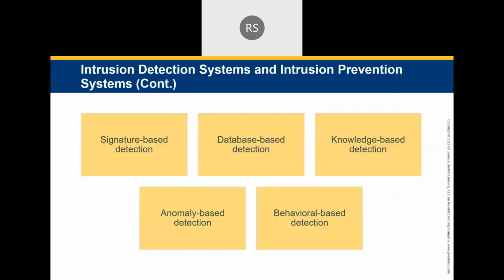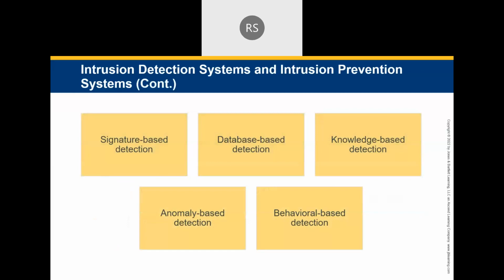Knowledge-based detection leverages expert knowledge to identify abnormal and suspicious behavior. So it combines human expertise with predefined rules to detect deviations from expected patterns. The anomaly-based detection establishes a baseline for normal behavior, and it's going to flag any deviations as potential threats.